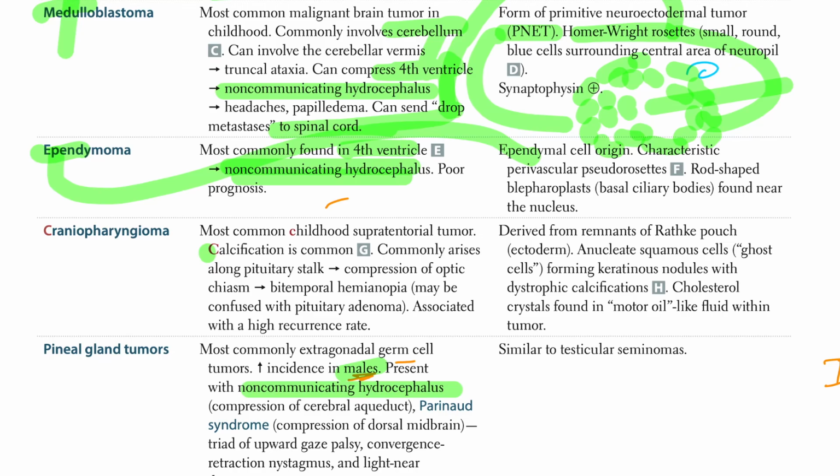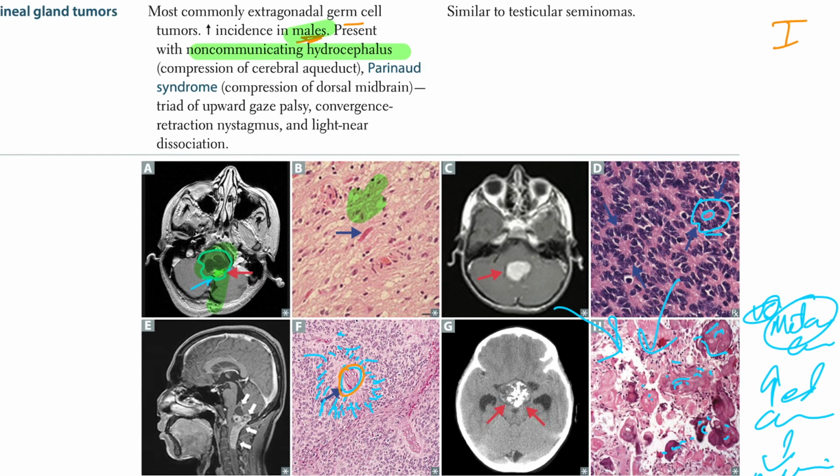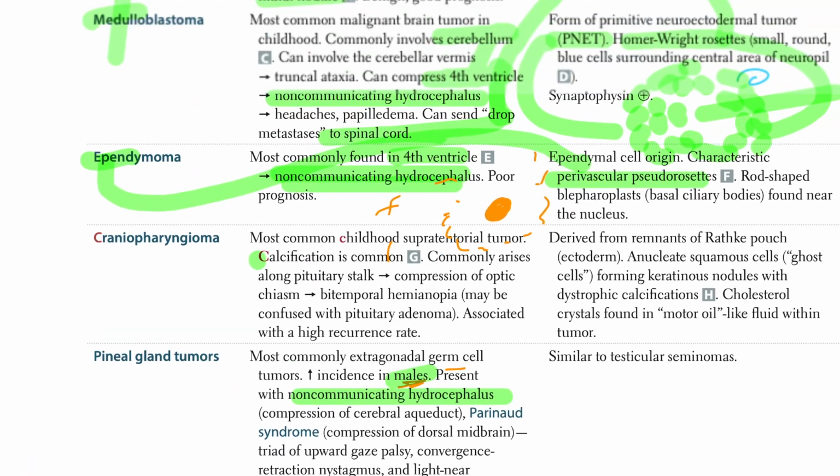With the ependymal cells, there are perivascular pseudorosettes. You have a vascular territory in the center, and around it the pseudorosettes, and we can see the picture right here. This is seen with the ependymoma.